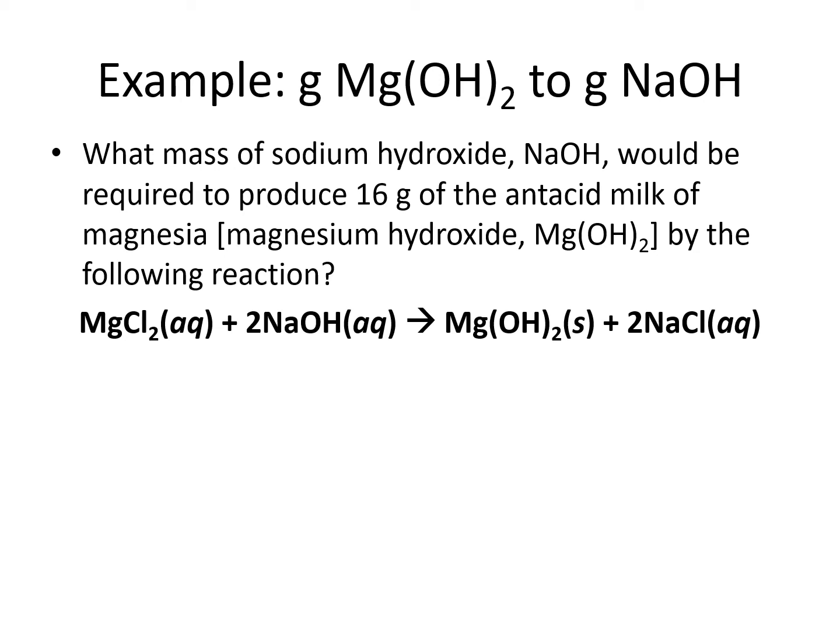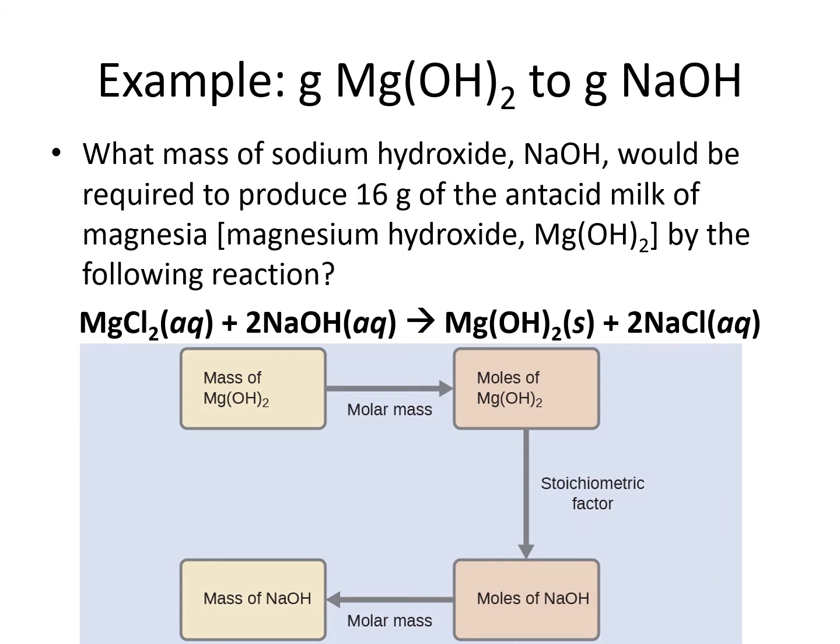First, we'll go from the 16 grams of magnesium hydroxide to moles of magnesium hydroxide using the molar mass of magnesium hydroxide. Then we'll go from moles of magnesium hydroxide to moles of sodium hydroxide using a stoichiometric factor. Last, we'll go from moles of sodium hydroxide to grams of sodium hydroxide using the molar mass of sodium hydroxide.